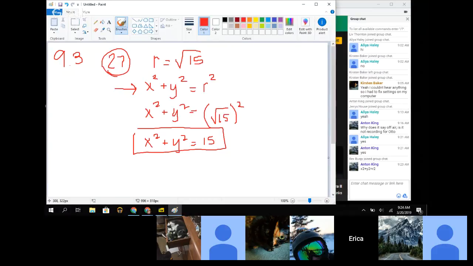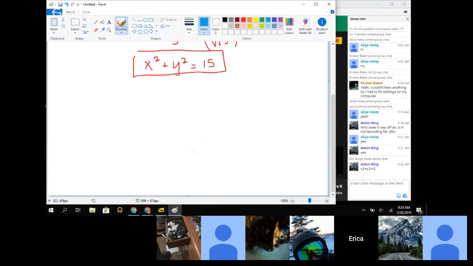Okay, if I gave you something like number 19, where we have an equation 4x squared plus 4y squared equals 128, and I wanted you to find the radius, we could do that too, right? We need to get it back looking like this, and then we know that this equals the radius squared.